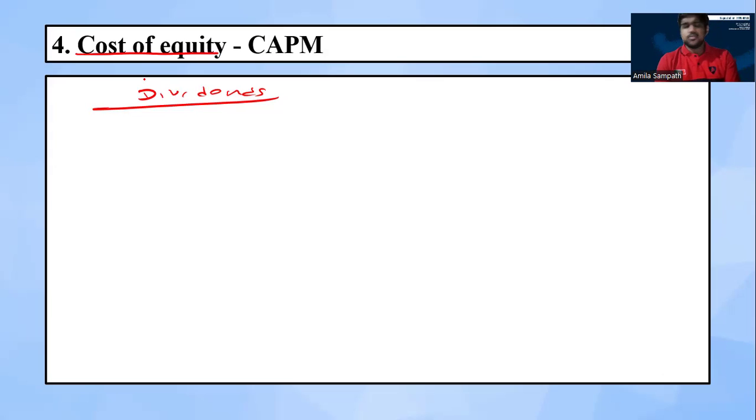For the purpose of calculating cost of equity, there are several methods. The most world-accepted and most usable method is the CAPM model, capital assets pricing model. Actually, this capital assets pricing model was developed based on some research findings. It's a well-developed model that we can use to identify the cost of equity.